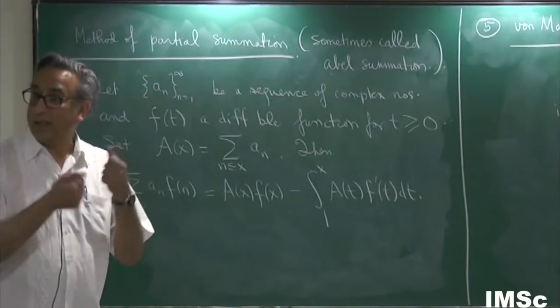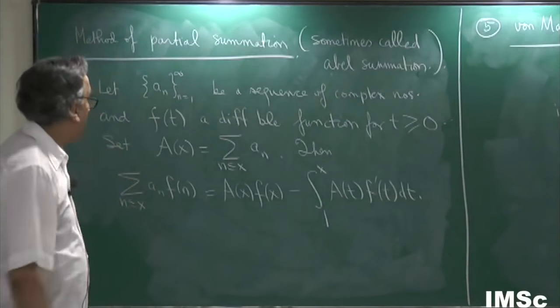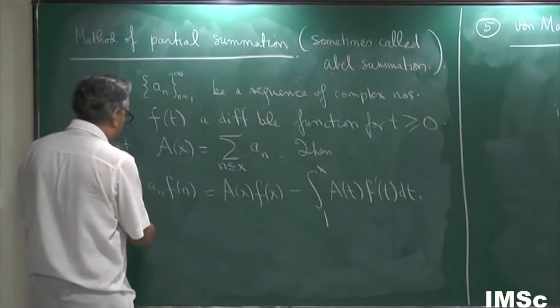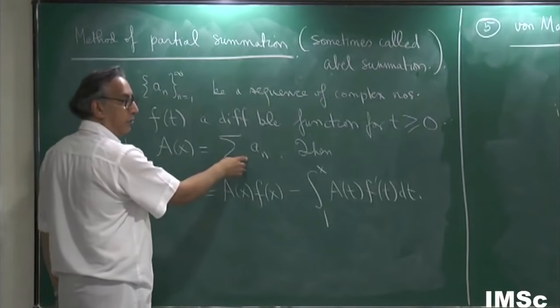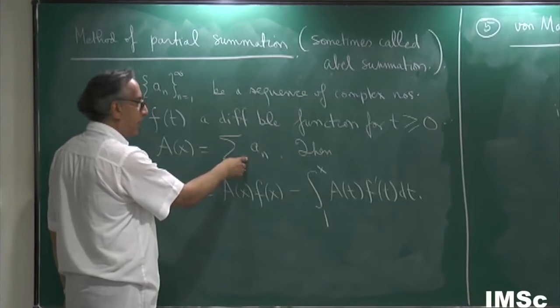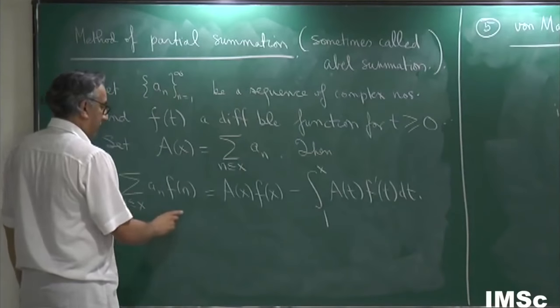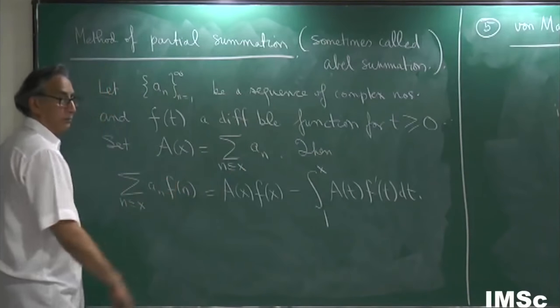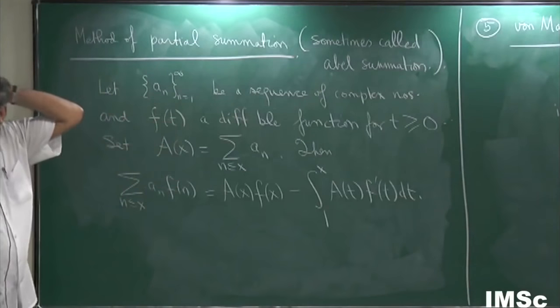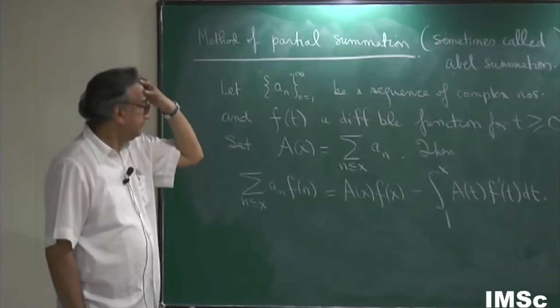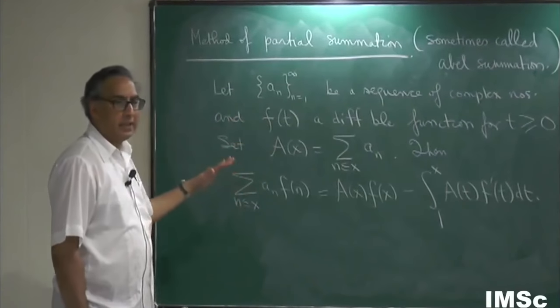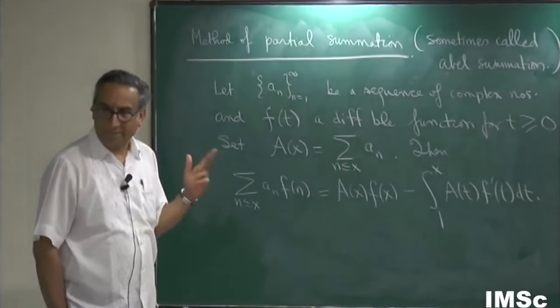So this is the first powerful tool that you have available. As long as you know something about the behavior of the partial sums of a sub n, you can change a sum like this into an integral. And you will see in a second how powerful this idea is. In fact, it more or less animates all of analytic number theory.